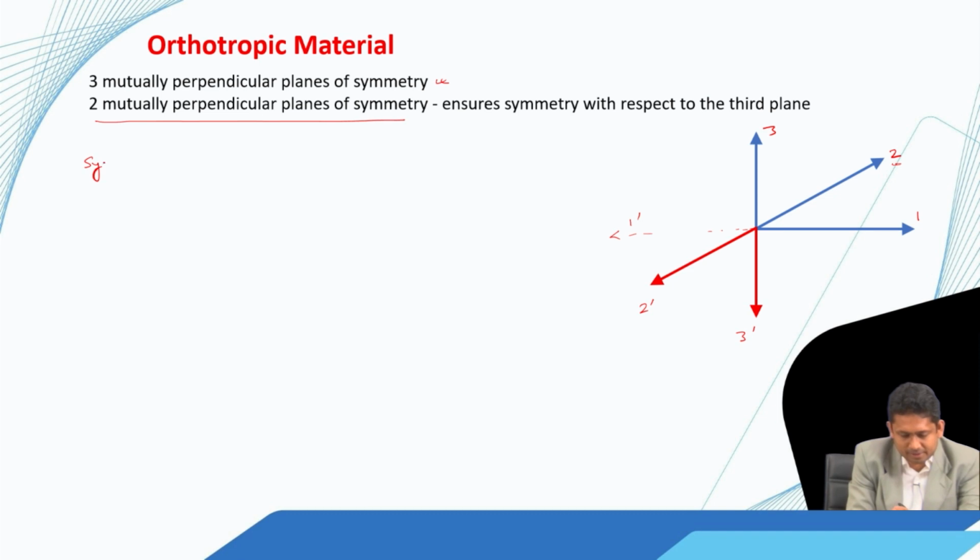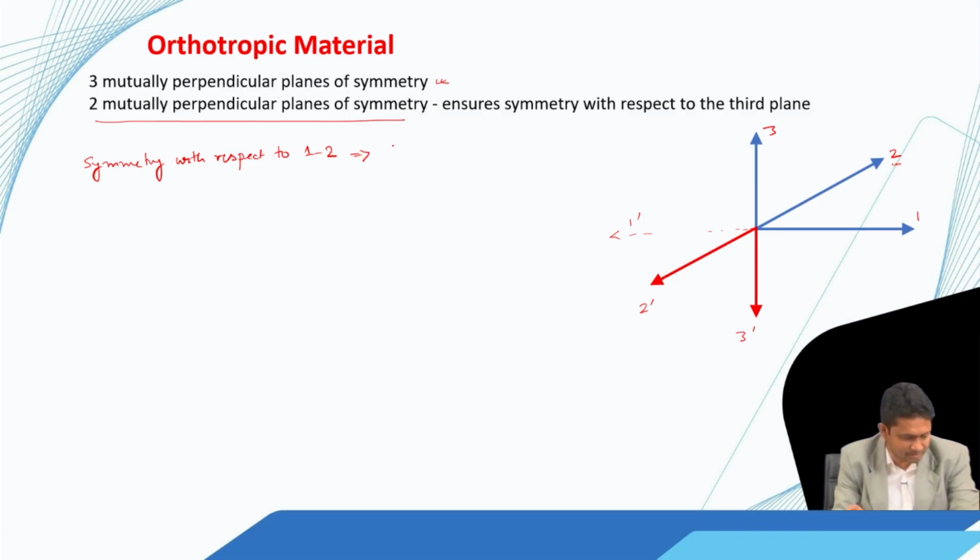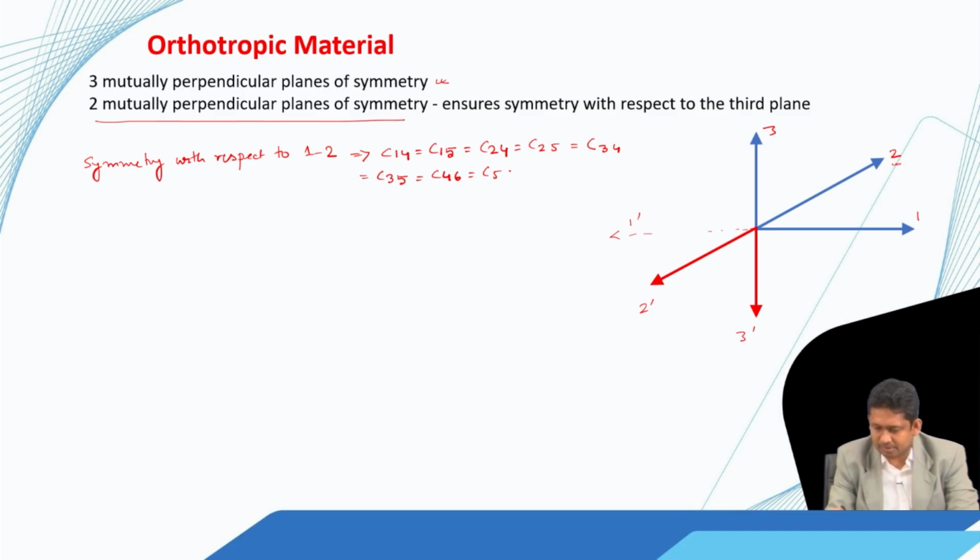With that symmetry with respect to the 1-2 plane, that gave us C14 is equal to C15 is equal to C24 is equal to C25 is equal to C34 is equal to C35 is equal to C46 is equal to C56, and those terms are 0.